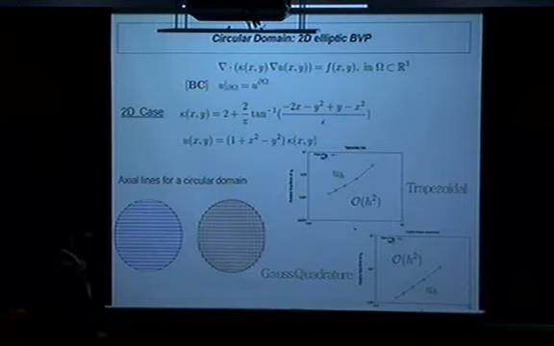Trapezoidal means if you use numerical integration on 1D axial lines, we use the trapezoidal rule, then it also has second order convergence, and the Gaussian quadrature also produces the same accuracy of order h square. h means the average distance between lines.